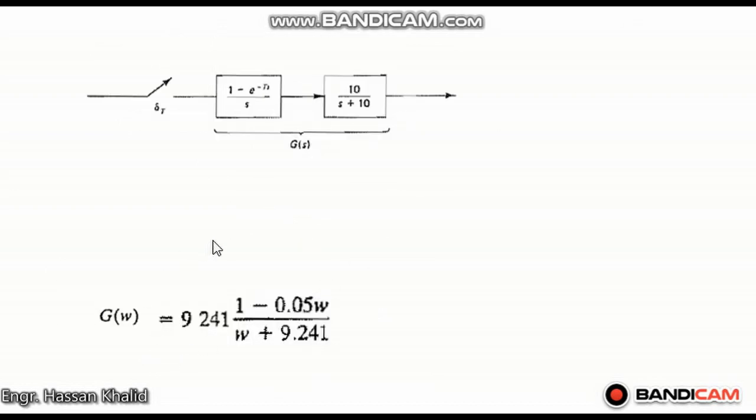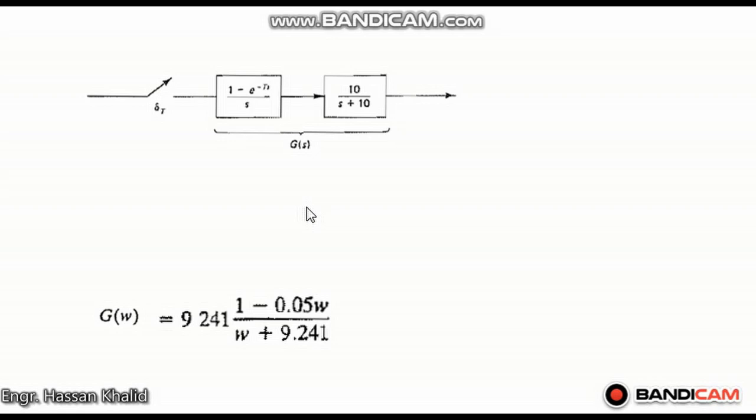Now if you compare both systems in the S plane and the omega plane, you can easily see that the gain of the plant is 10, whereas in the omega plane it's approximately 9.24. Similarly, the plant has a pole at s equals minus 10, whereas in the omega domain it's equal to minus 9.24.